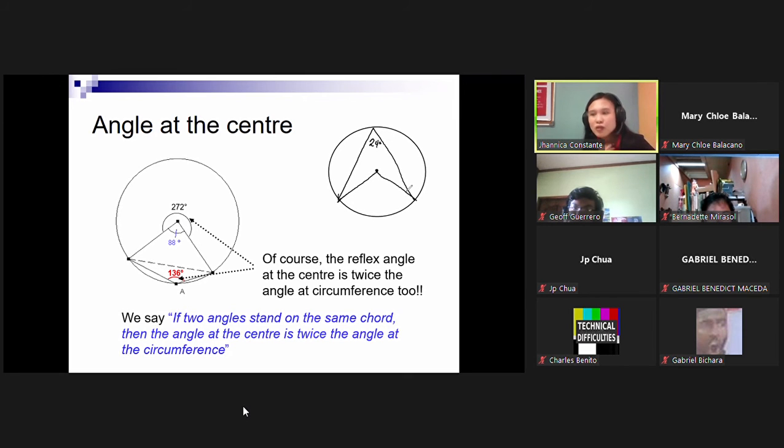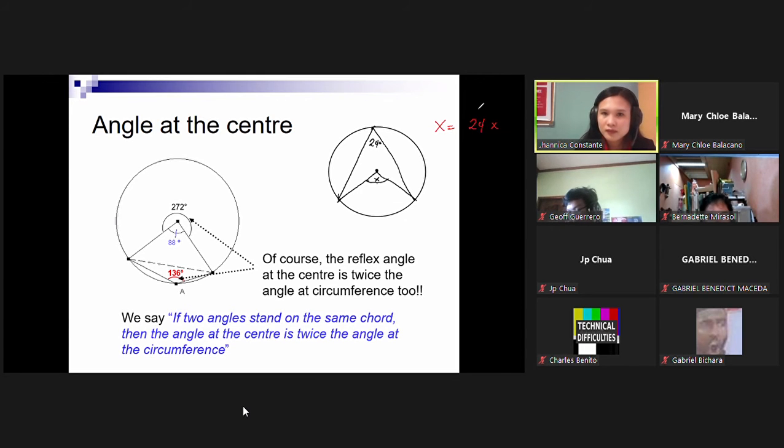So if the measurement of this angle in the circumference is 24 degrees, the measurement of our central angle, let's say this is x, is twice the measurement of your circumference angle. So it means x is equal to 24 times 2.